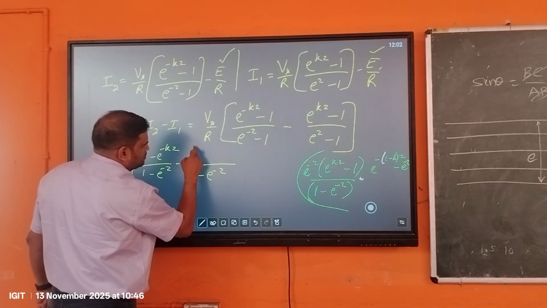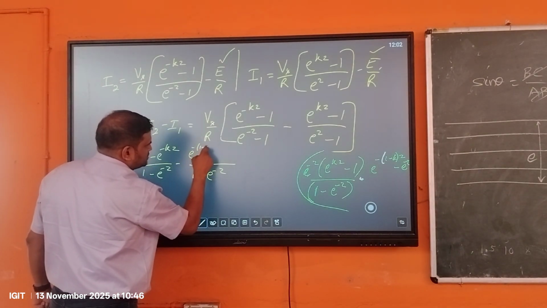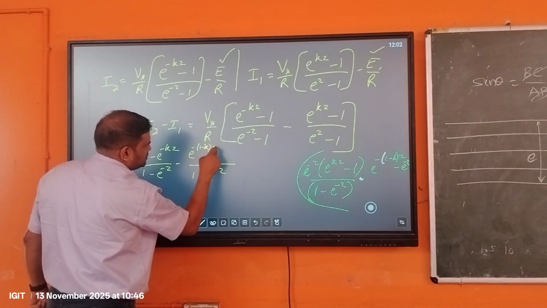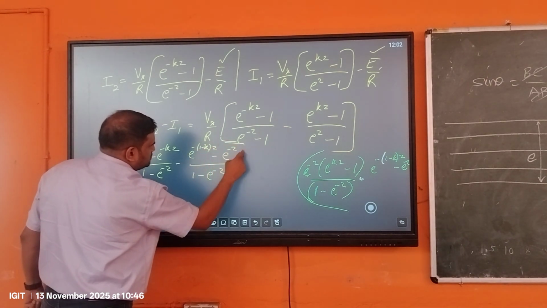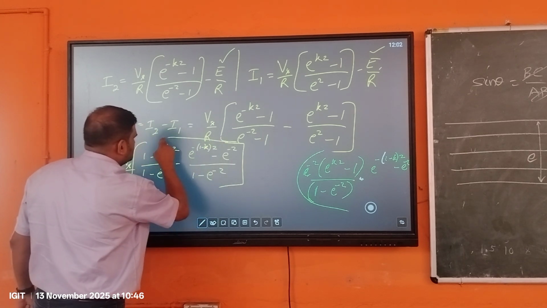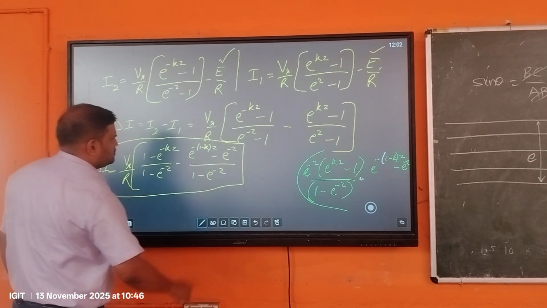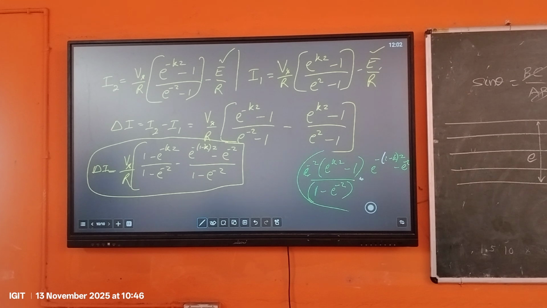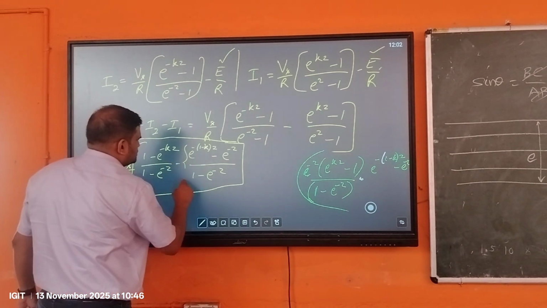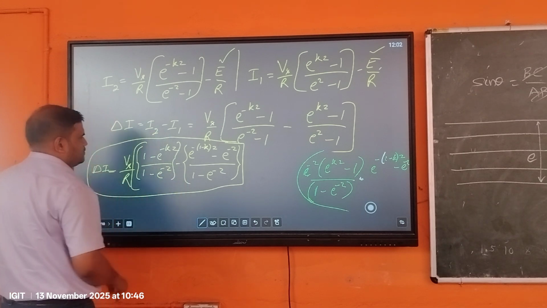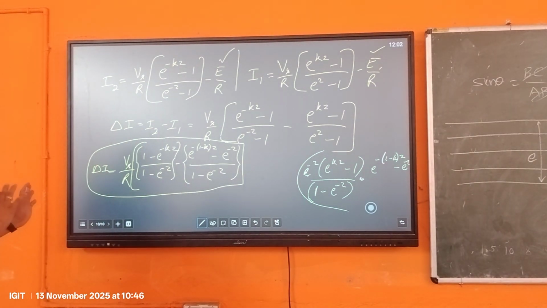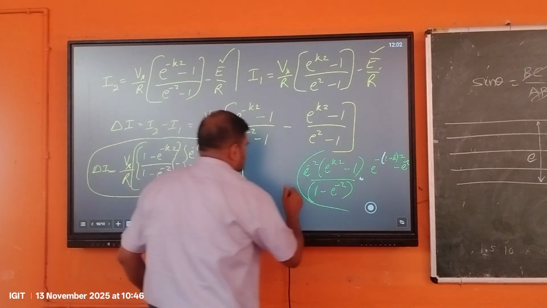So it is e to the power minus 1 minus k times z, minus e to the power minus z. This much. But this is 1 and this side is 1. Let me simplify and write it down in a proper way at this side.